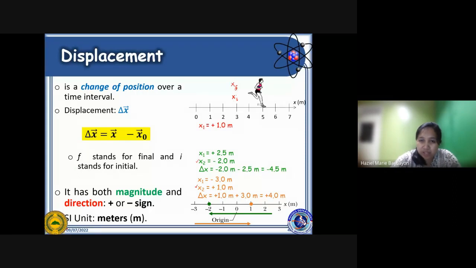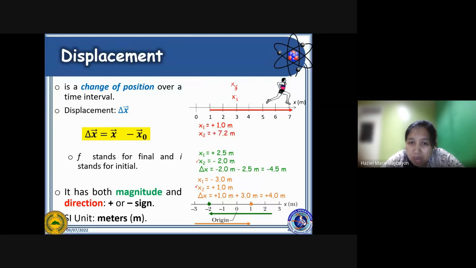And then we have here another example. We have a runner that is moving from x sub 1, which is 1 meter, and then x sub 2, the final position of the runner after some time, is at x equals 7.2 meters.